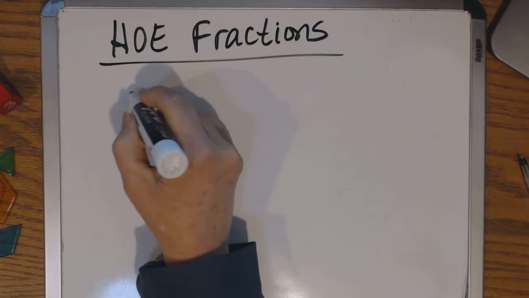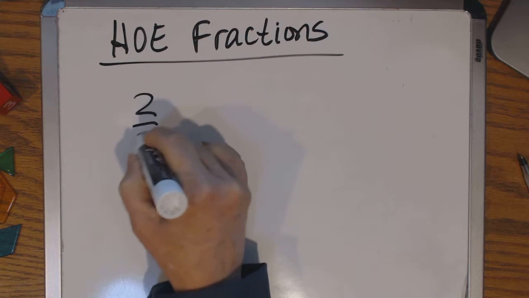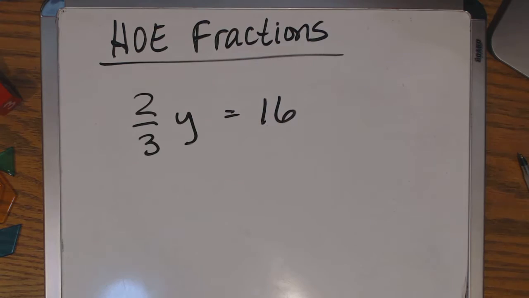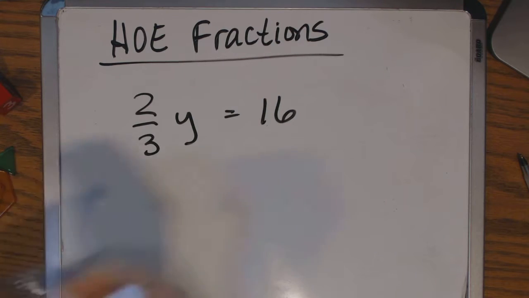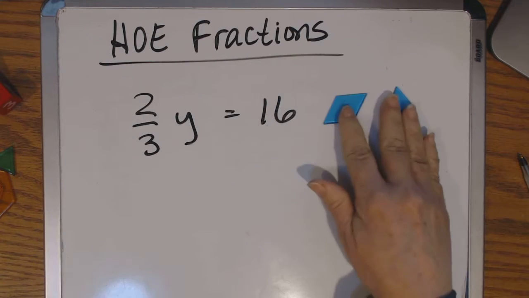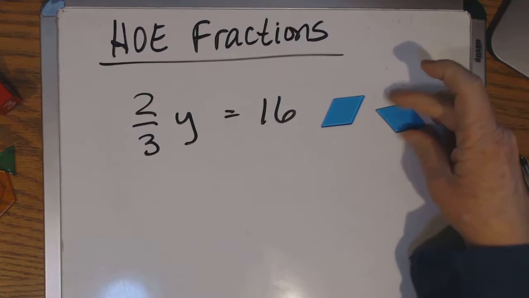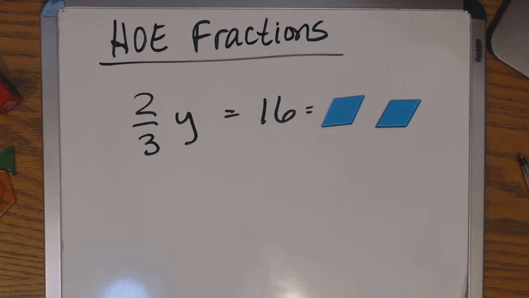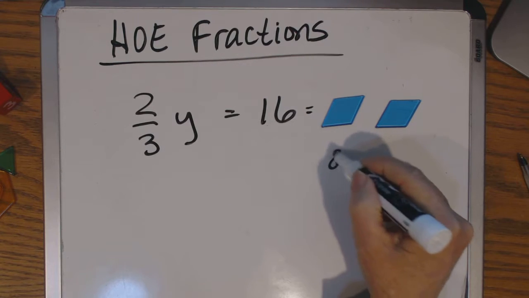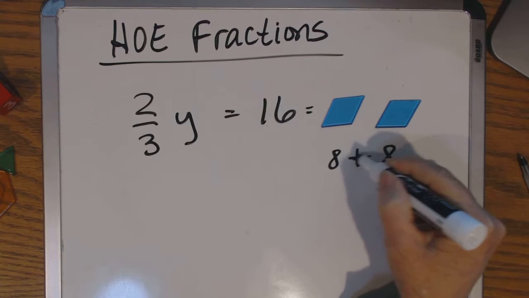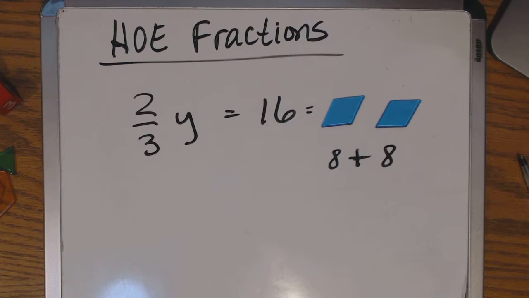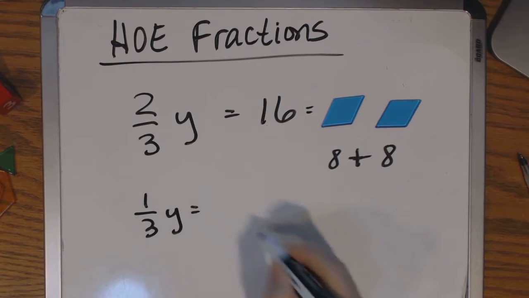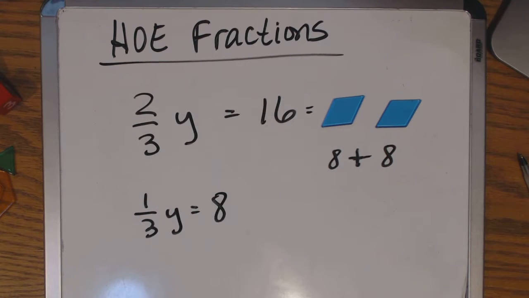Example 2, okay? So this says that 2/3 of y is going to equal 16, all right? So the blues are the thirds, so we're saying that 2 of these 1/3 pieces are equal to 16. Well, that means that each of these blue pieces have to be worth 8, okay? So we'd say 1/3 of y, a blue piece, is equal to 8.